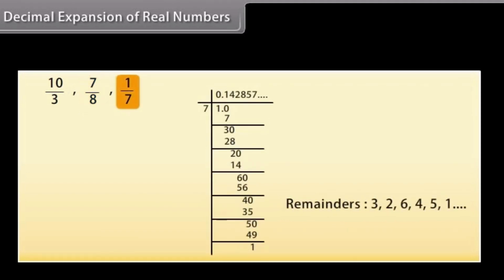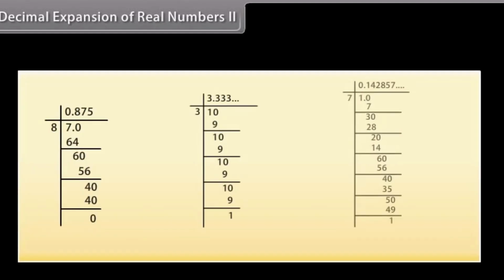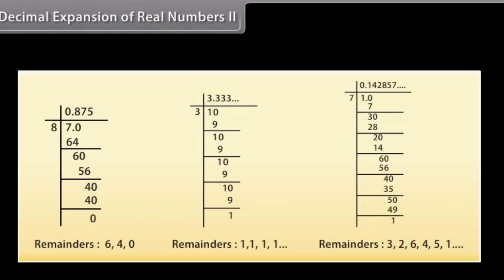And the remainders of 1 by 7 are 3, 2, 6, 4, 5, 1. Did you notice something here in all these examples? Notice that the remainder either becomes 0 after a certain stage or starts repeating itself.